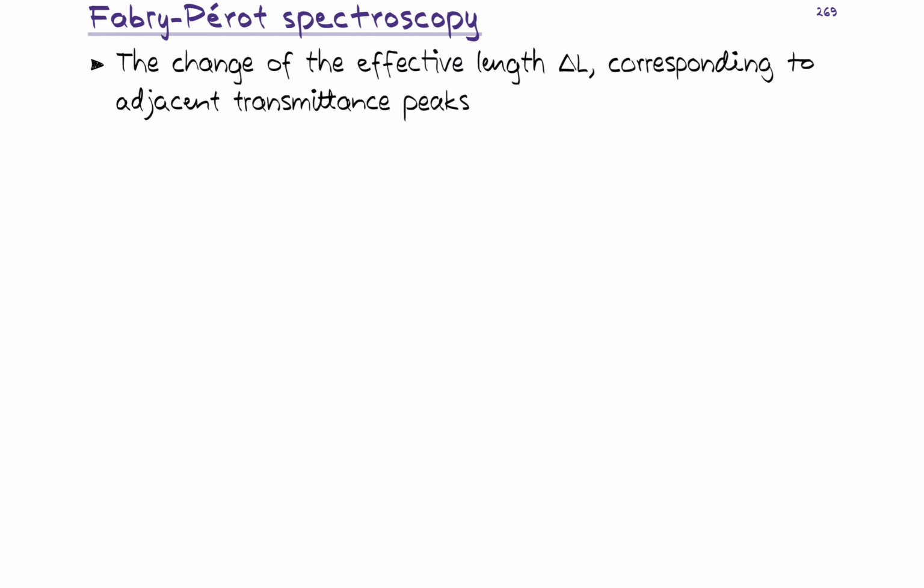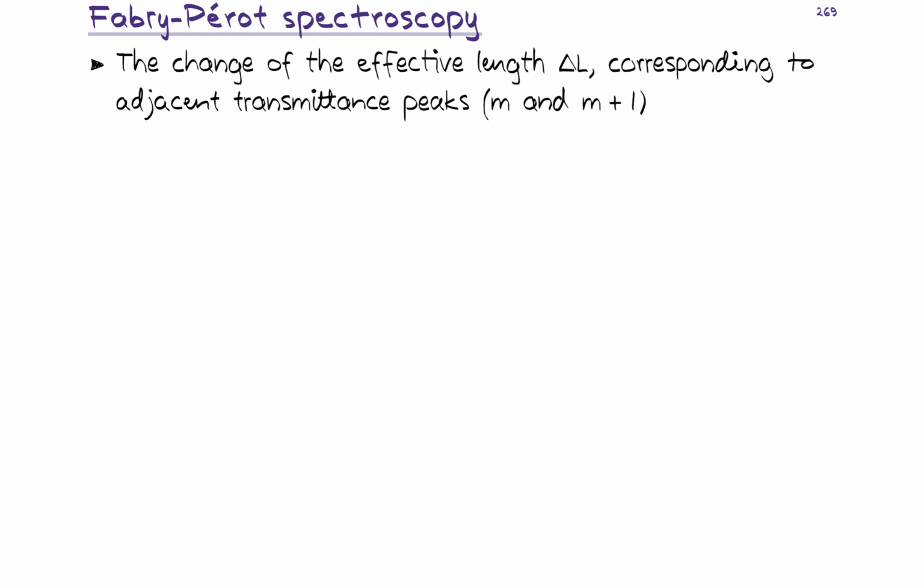So now let's look at the effective length delta L that would give rise to a shift of a transmittance peak to be perfectly overlapping with an adjacent peak. So essentially, we want to look how much of a cavity length, the effective cavity length, we want to adjust so that the peak corresponding to an integer m would actually overlap with the peak of m plus 1, or vice versa, m minus 1.